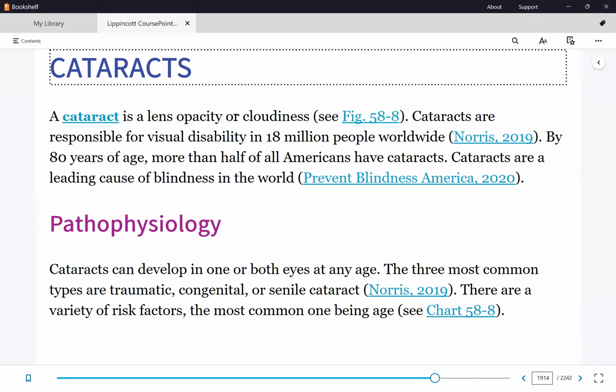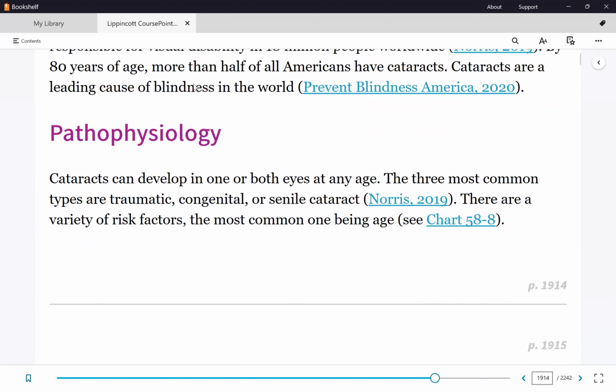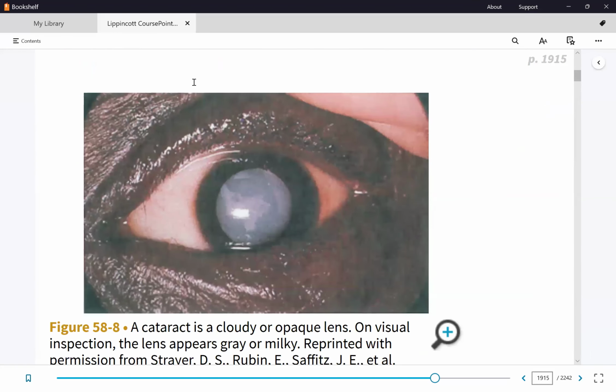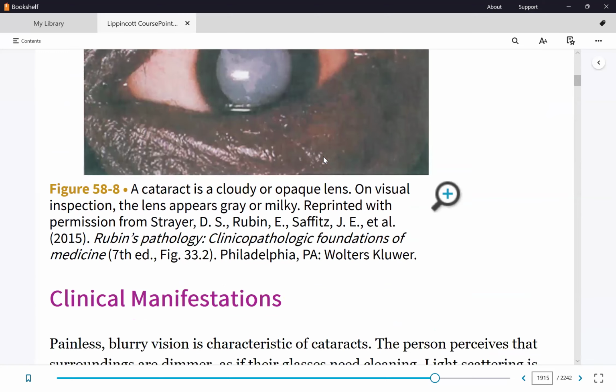Now, contrary to belief that it's age-related, yes, but there are actually other cases of cataracts occurring in younger people. So here's a picture of a very ripe cataract. Look at the lens, it's now opaque. It's very cloudy, so it's like your windshield is full of mud. That's what your vision will look like. Very blurry. Can actually lead to blindness.